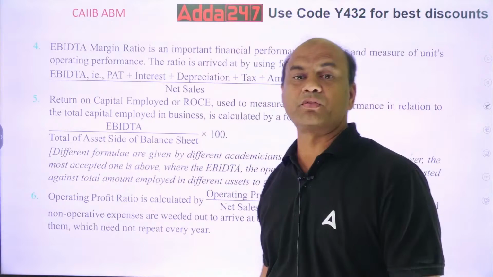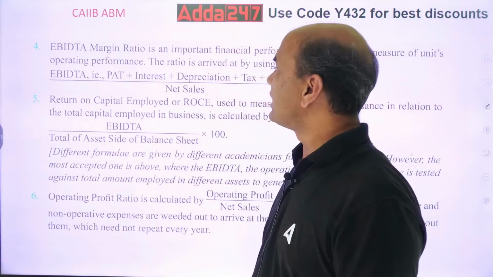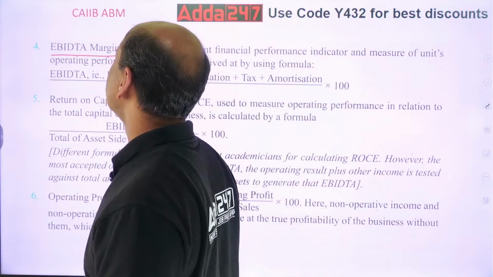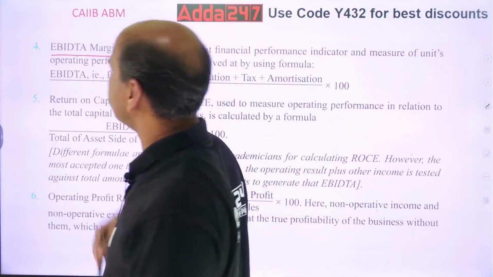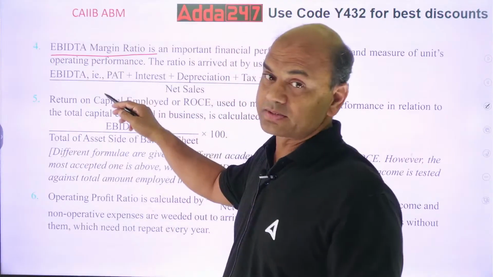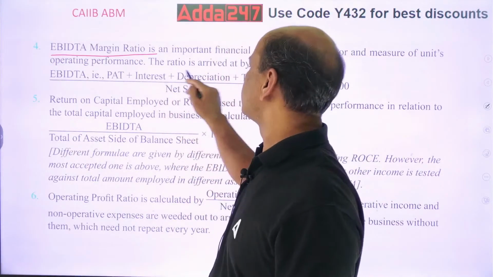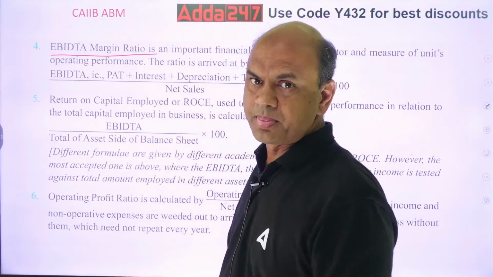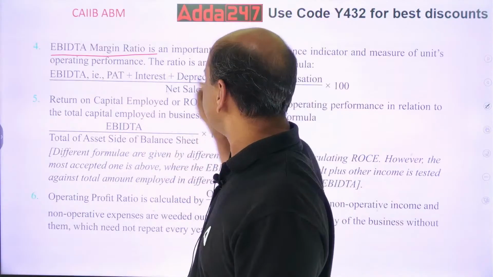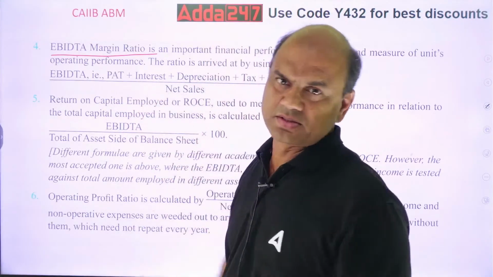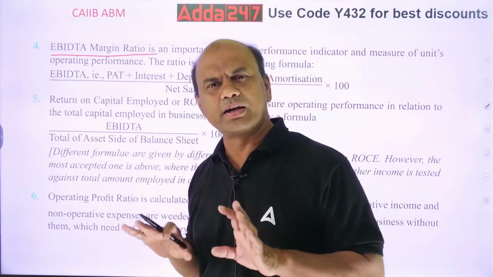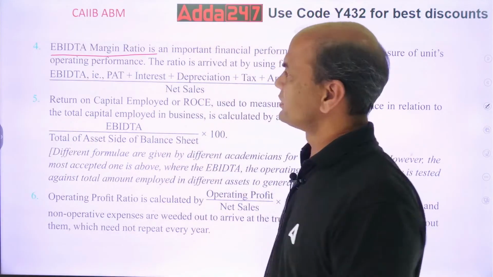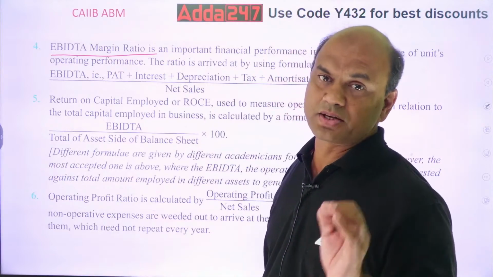If EBITDA margin ratio is asked in the exam, then EBITDA is profit after tax plus interest plus depreciation plus tax plus amortization. Just now we saw all this. So EBITDA means all of them included, divided by net sales into 100. Everywhere you will find net sales only. This is known as EBITDA margin ratio.